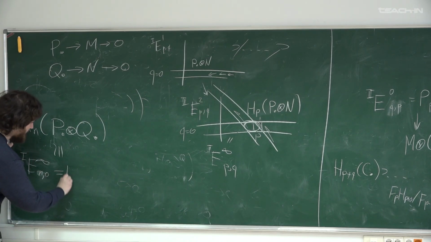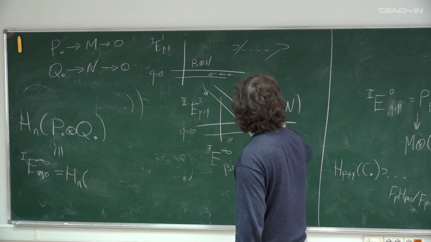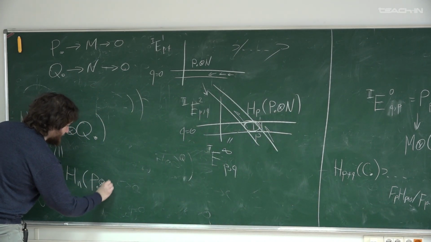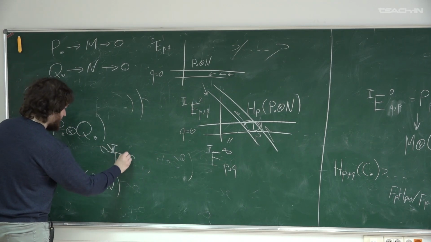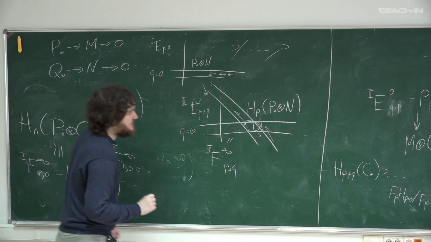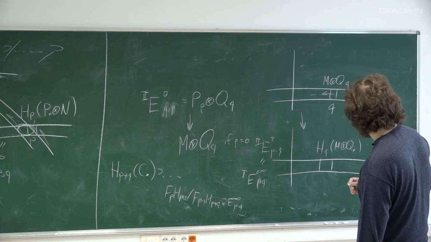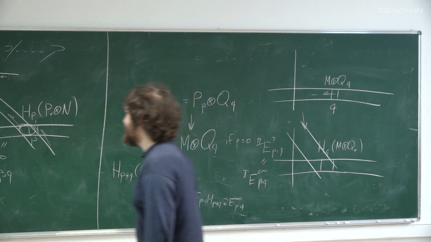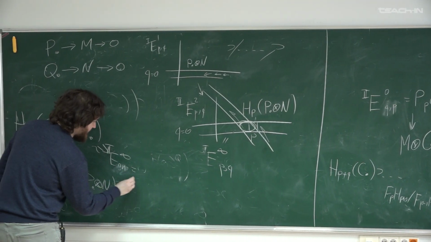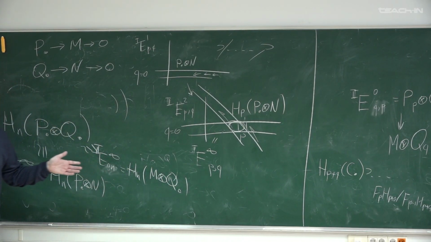And this is the nth homology of P tensor M. And it's isomorphic at the same time to E-infinity of the second spectral sequence, the (0,n) term, sorry. It's the nth homology of M tensor with Q. So we obtain that these two definitions coincide, okay?